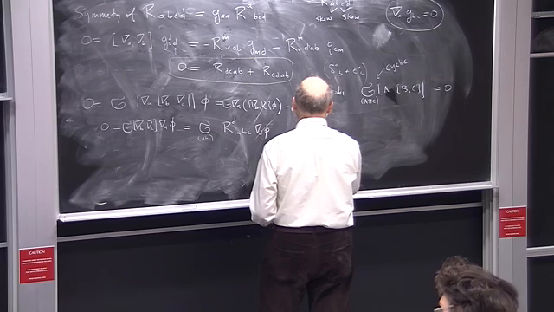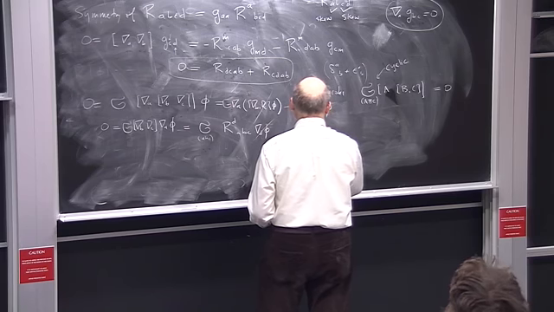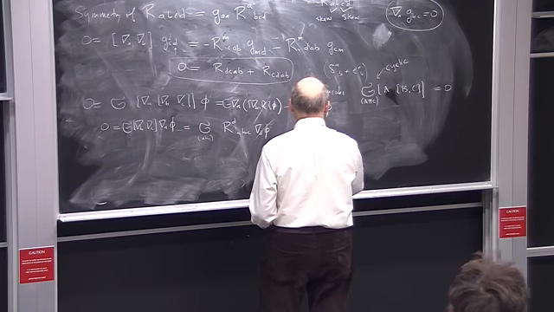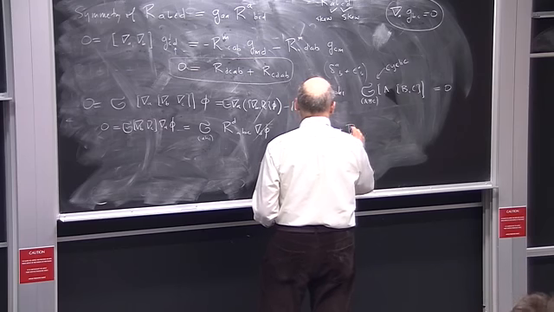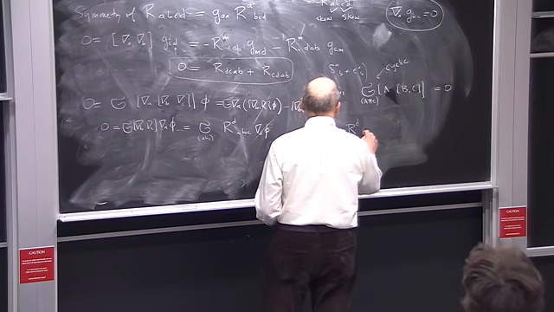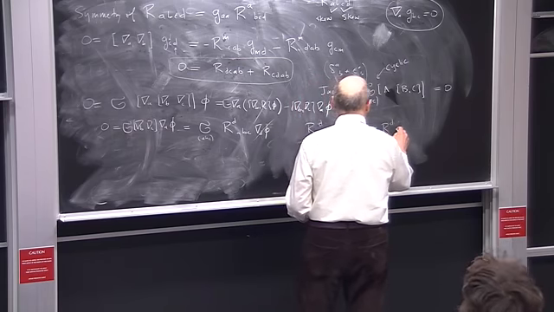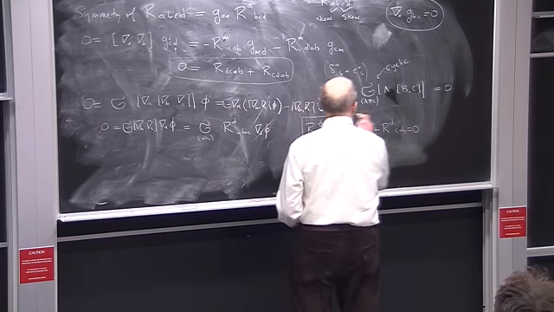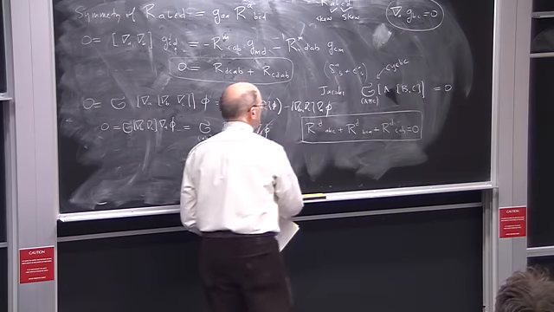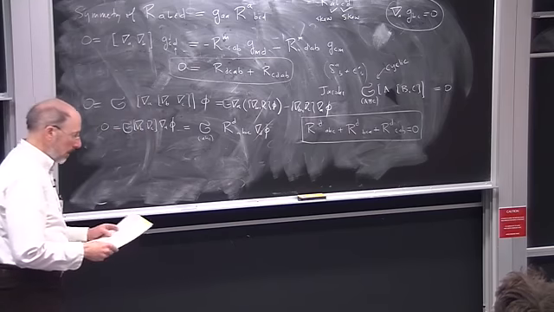And so if I write it out in full, what it's saying is Riemann D, A, B, C plus Riemann D, B, C, A plus Riemann D, C, A, B equals 0. That's the other symmetry that the Riemann tensor has.